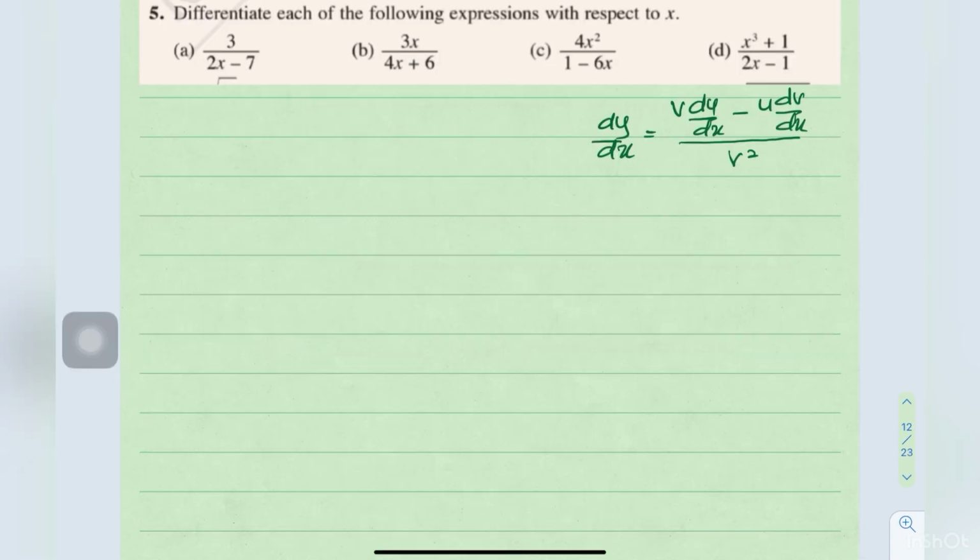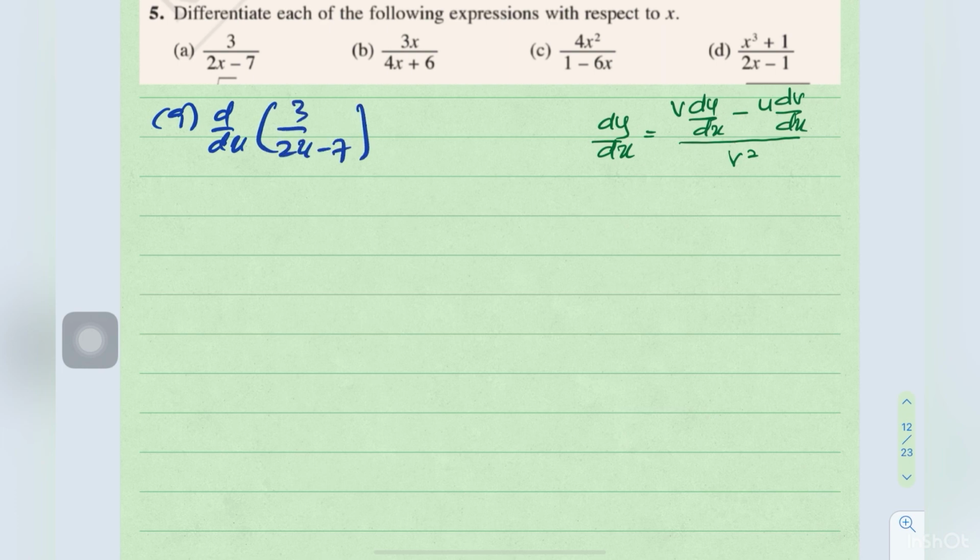Okay, let's go to question number 5. We have to differentiate 3 over (2x minus 7). Actually we can use the composite function, which is easier. Then we convert it, we move it up. So we get 3(2x minus 7) to the power of negative 1.